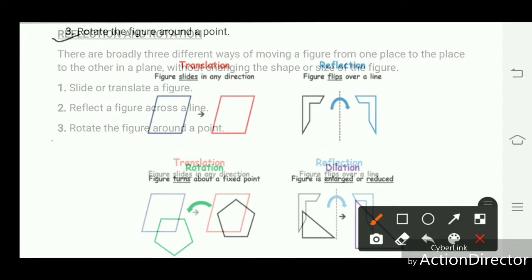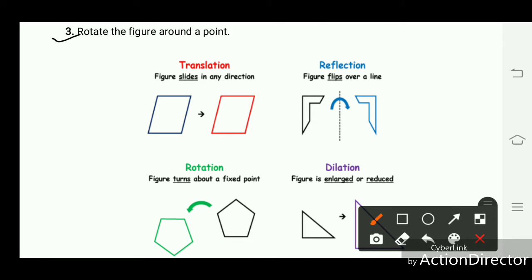Now the third way, rotate the figure around a point. Rotation, like this figure. The figure turns about a fixed point. Like this figure shifts or rotates from here to here.